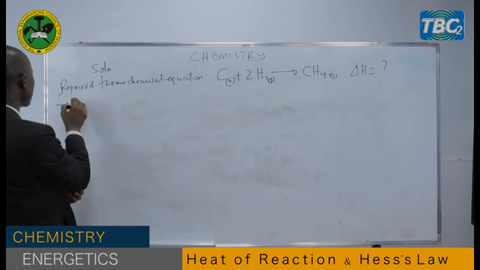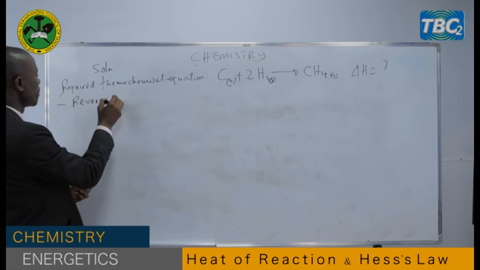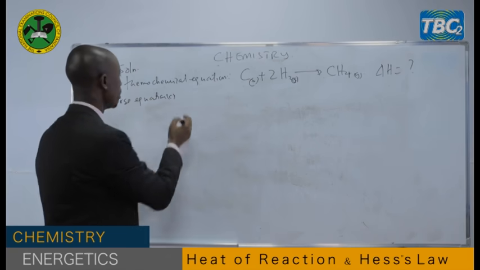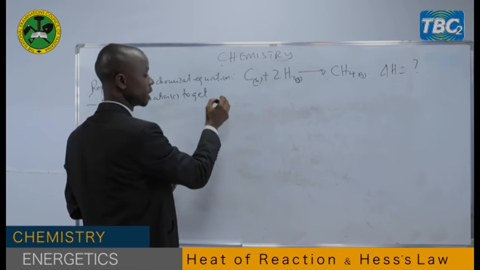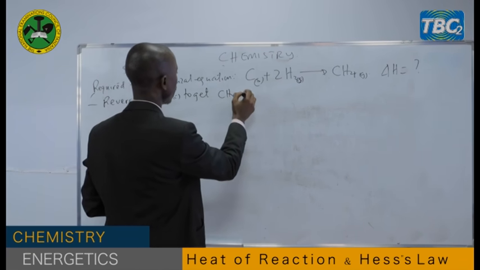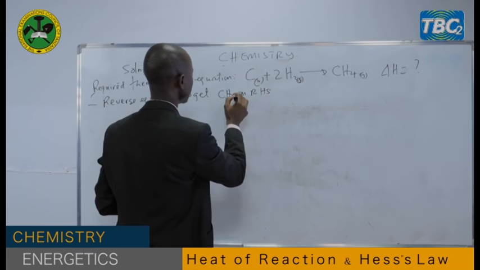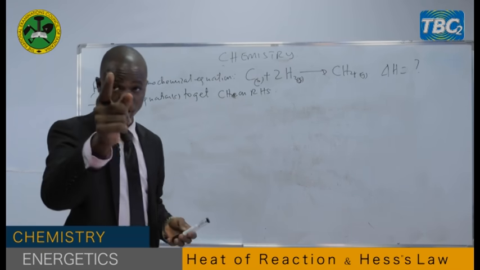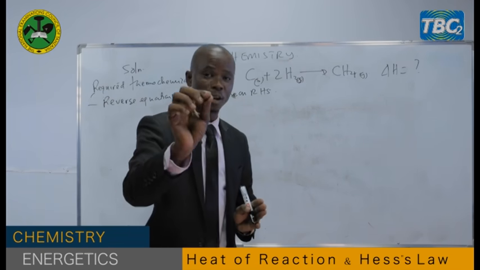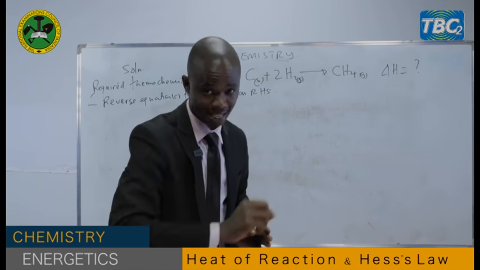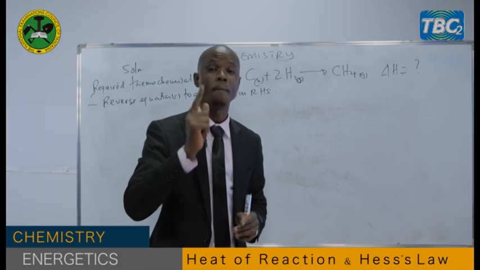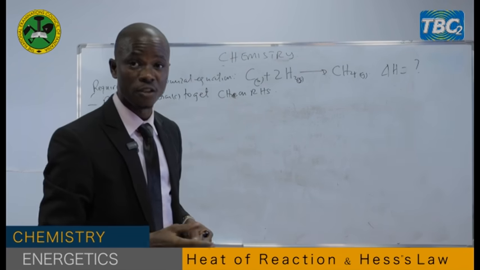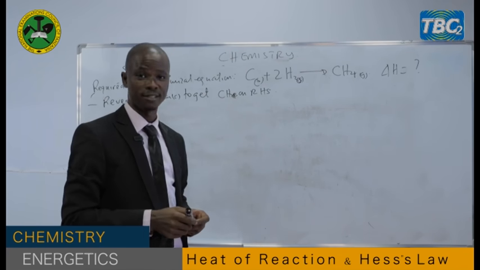So here, reverse equation C, in order to get methane on the right-hand side. That is manipulation. When we reverse, remember my dear students, the enthalpy change for the reaction is the same in magnitude but opposite in sign for the reverse equation.